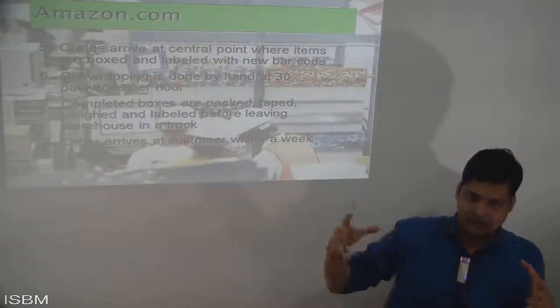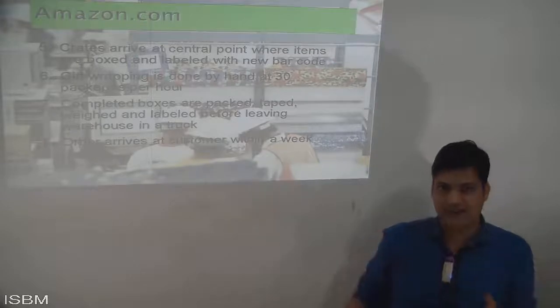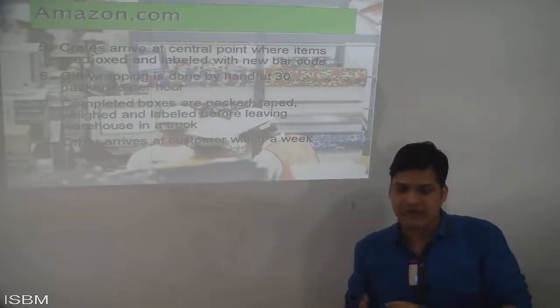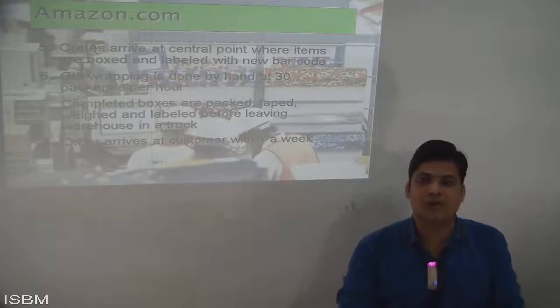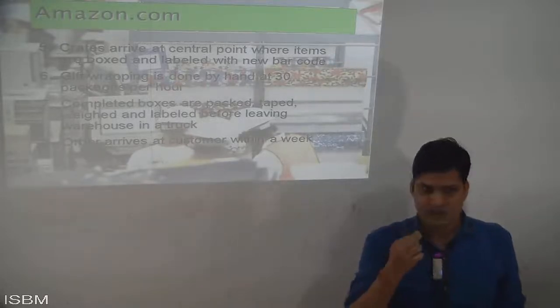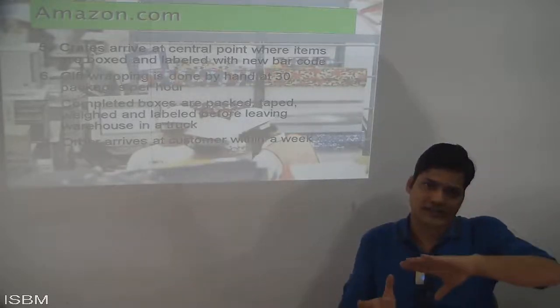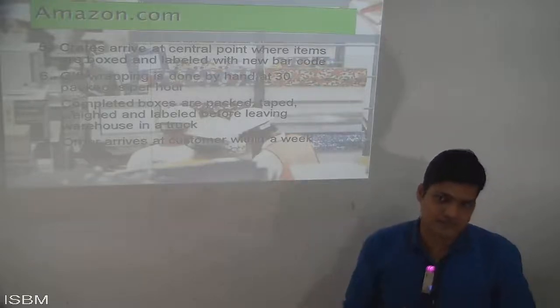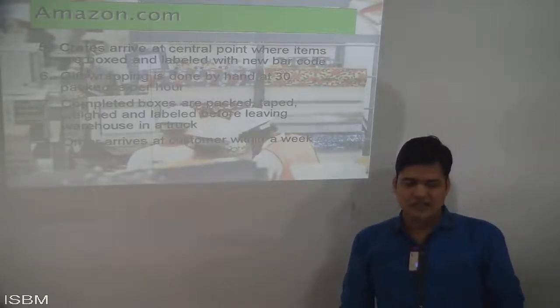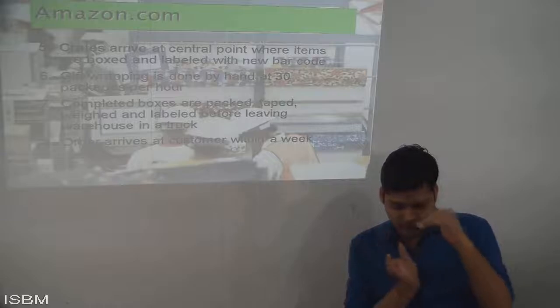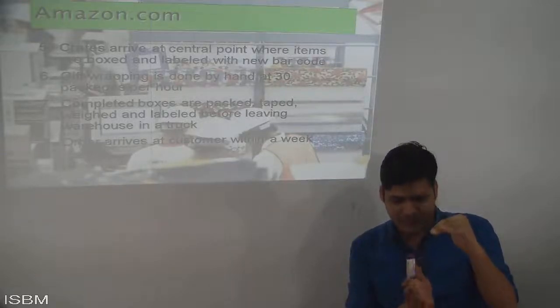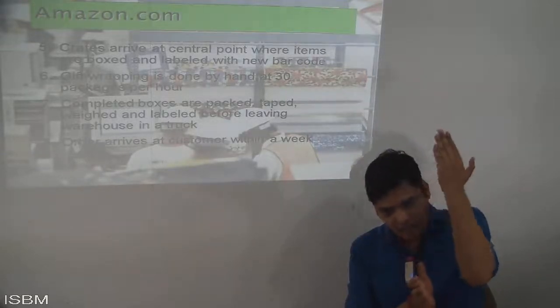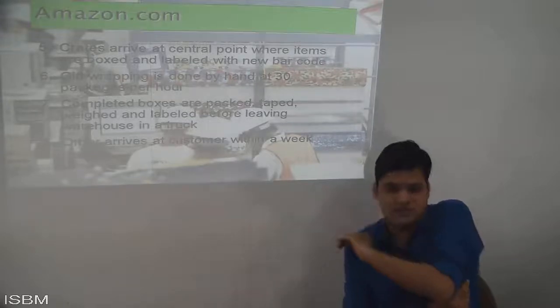So they take 10 Dell laptops and give them to the distribution or selling department. From the distribution or selling department it goes to the logistics department, and from the logistics department it goes to the customer's place.